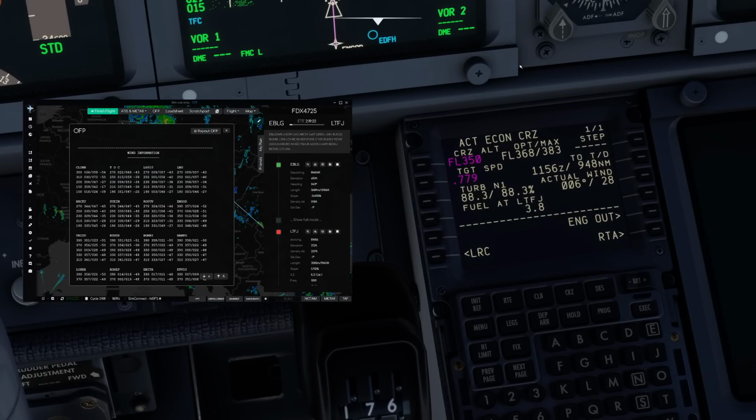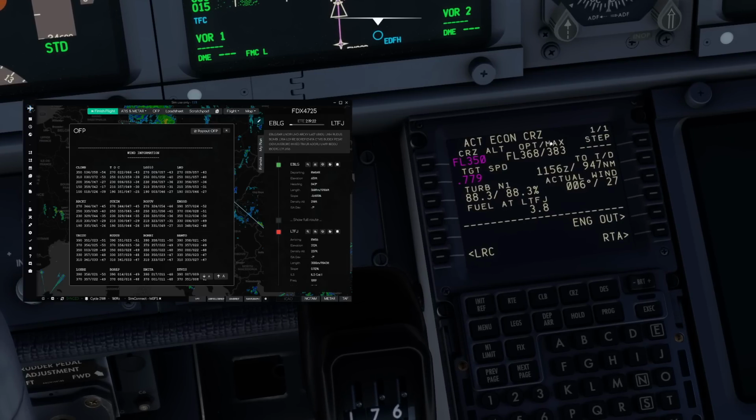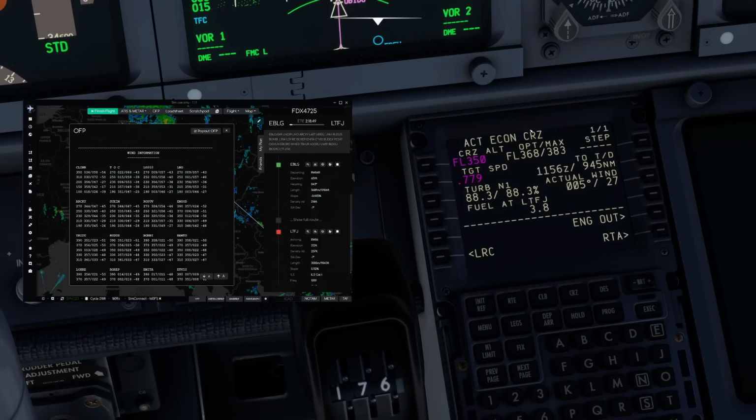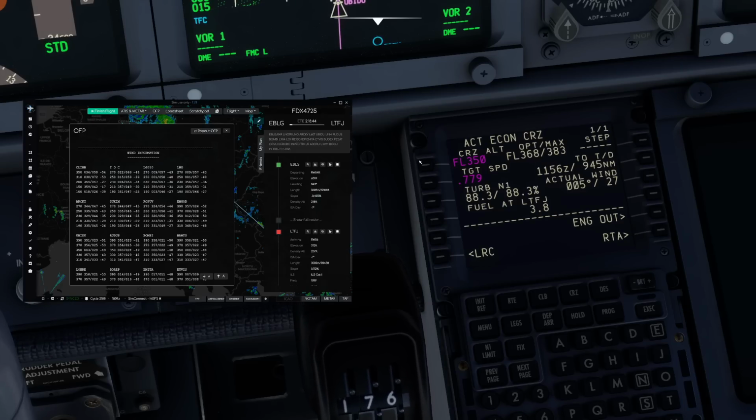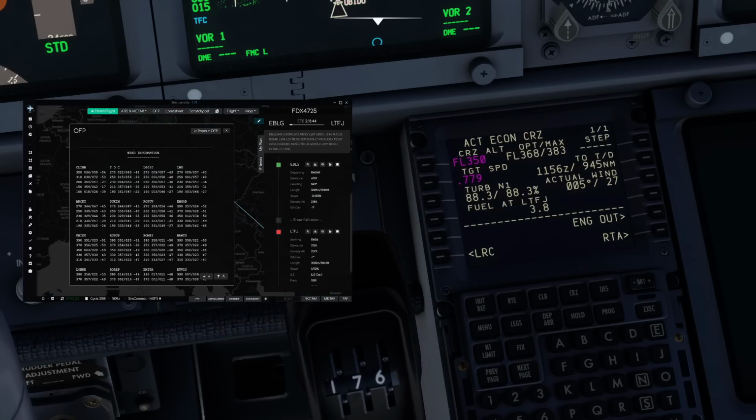I basically said that if the optimum is within 200 feet of the next higher suitable flight level, in this case that is exactly the case, so we have 368 as an optimum here, and 370 would be the next available flight level in our direction of flight. For that reason, I would go ahead and choose flight level 370 for our cruise on this particular flight.